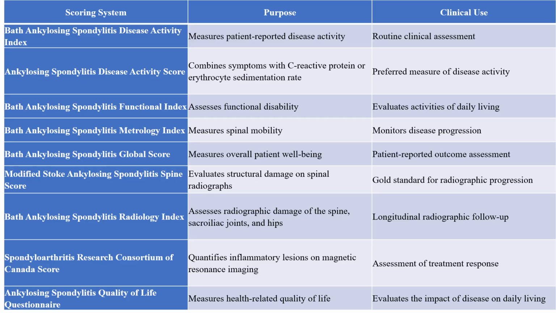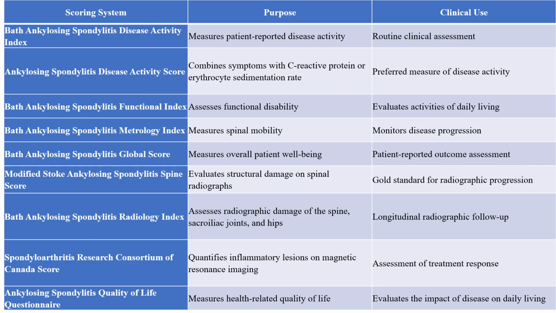Several scoring systems are used to assess different aspects of ankylosing spondylitis. Each tool has a specific role, ranging from measuring current disease activity to assessing function, spinal mobility, structural damage, and quality of life. The Bath Ankylosing Spondylitis Disease Activity Index measures disease activity based on the patient's symptoms, while the Ankylosing Spondylitis Disease Activity Score combines clinical symptoms with a blood marker of inflammation and is widely preferred for assessing disease activity.